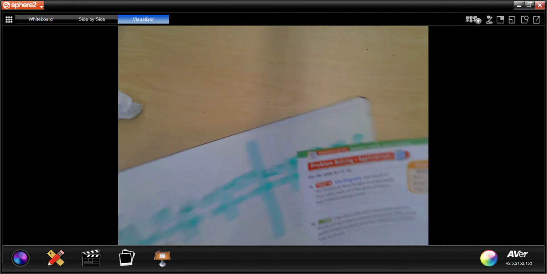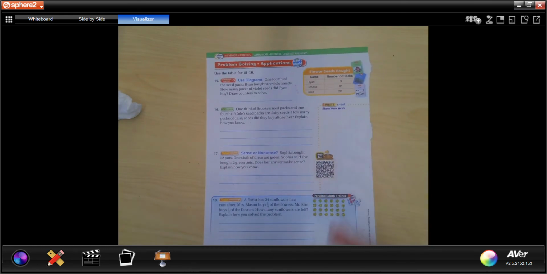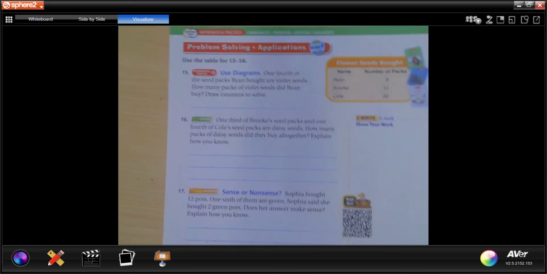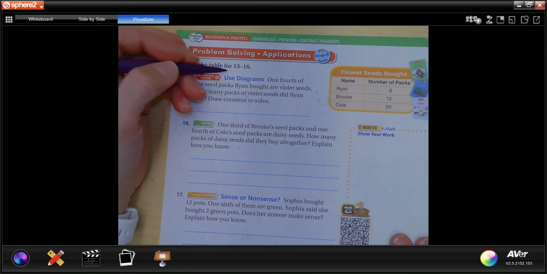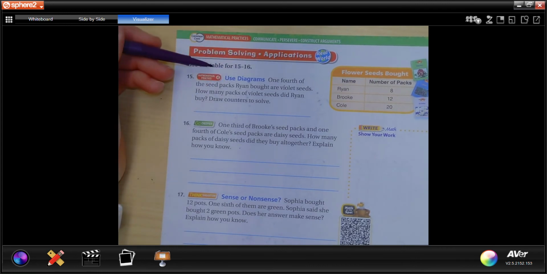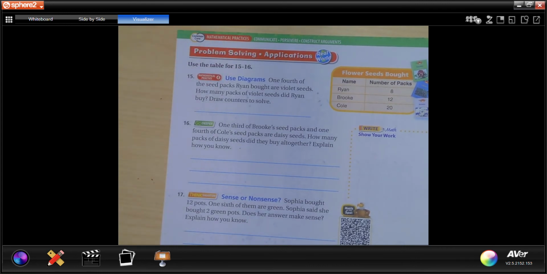Moving on to page 490. Okay. Problem solving applications. Use the table for 15 through 16. Number 15. Use a diagram. 1/4 of the seed packs Ryan bought are violet seeds.